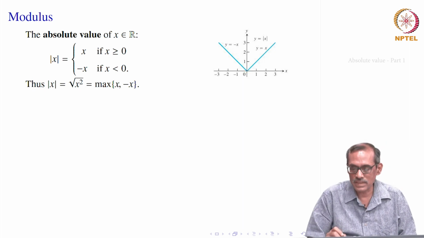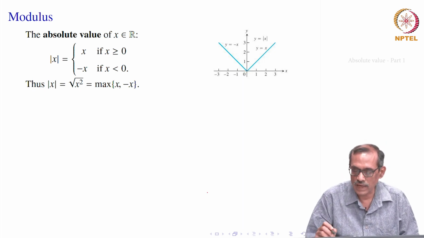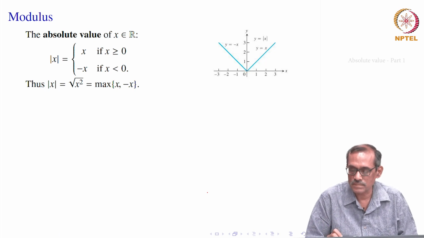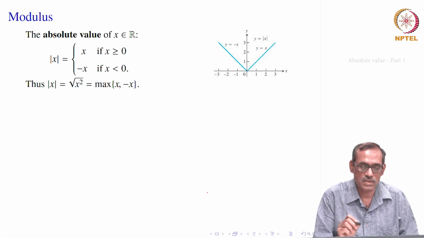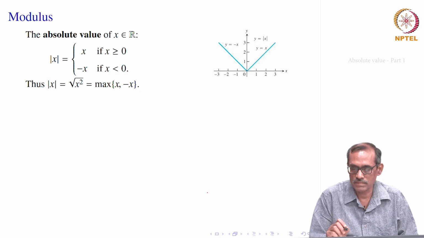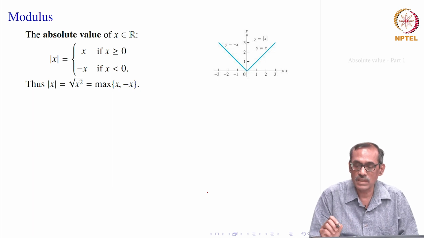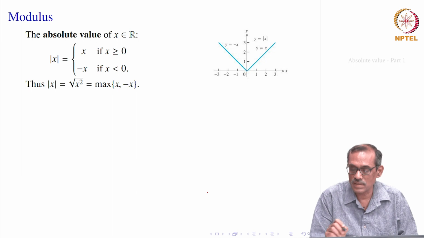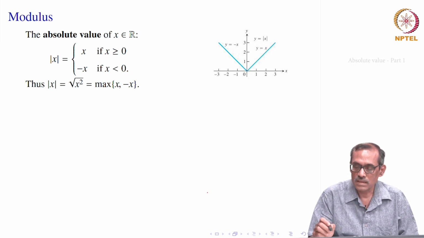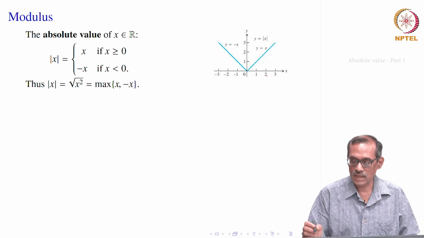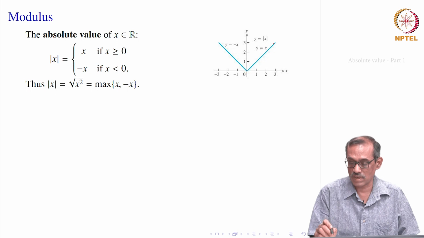We can really graph it. Suppose we take x positive, then mod x will also be positive, and say on the y axis we write mod x, on the x axis we write x. Then when x is positive, y equal to mod x will be equal to x. That is why you get the straight line in the first quadrant, which is y equal to x.